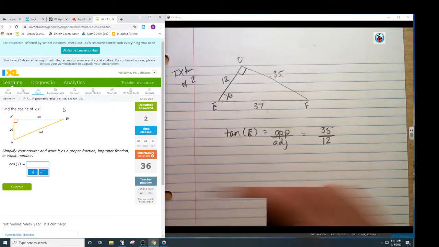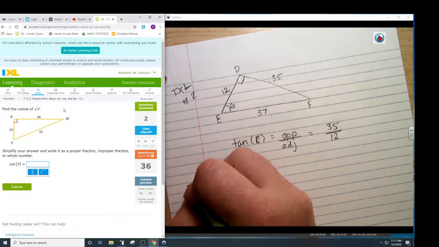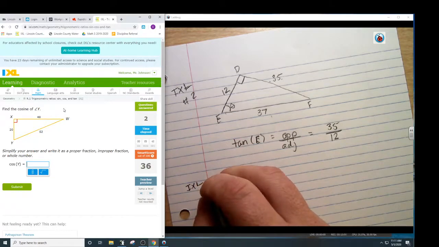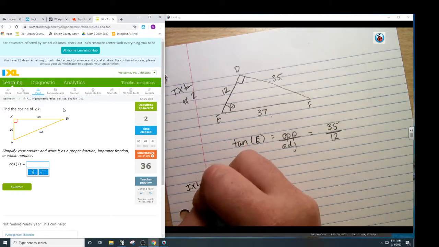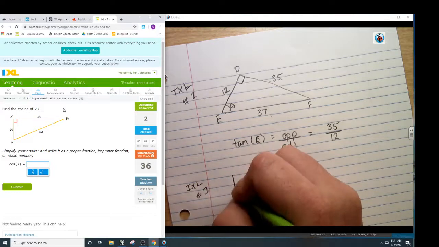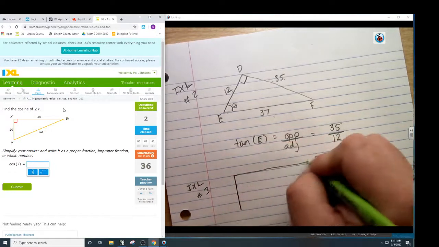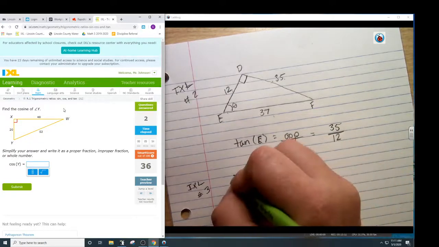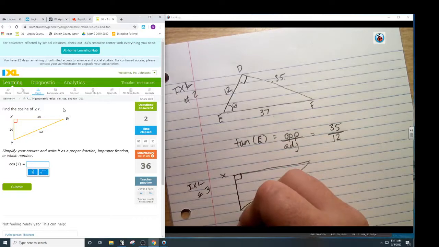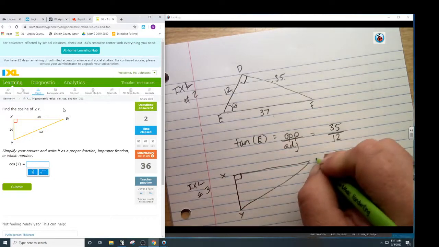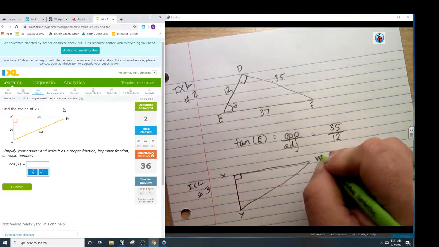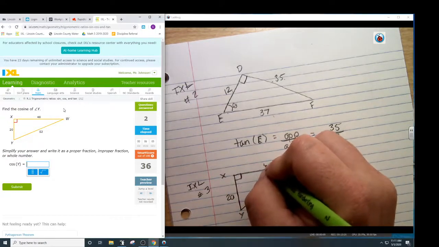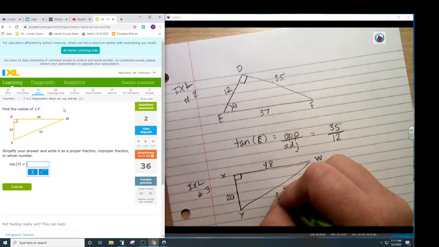The cosine of Y, number 3. All right, so we've got this triangle, X, Y, W. The sides are 20, 48, and 52.